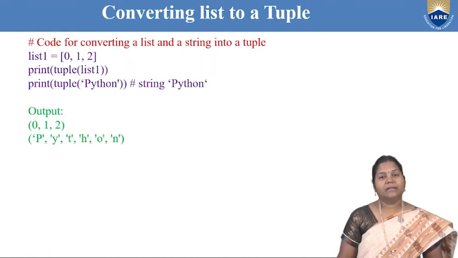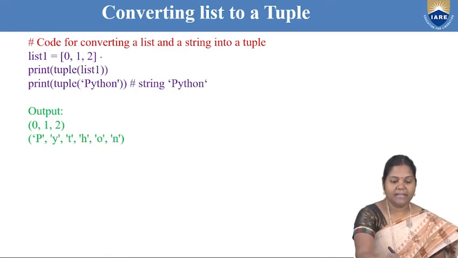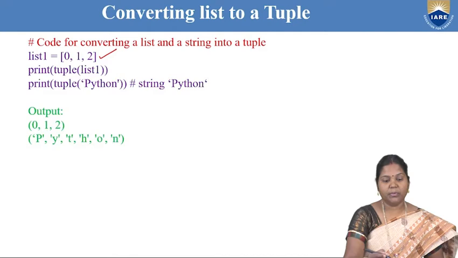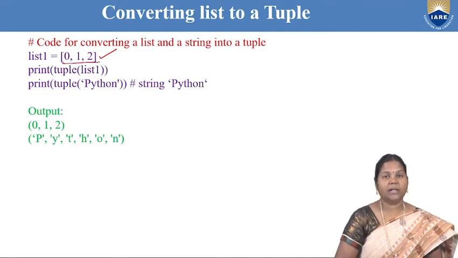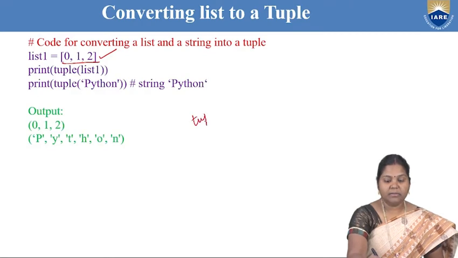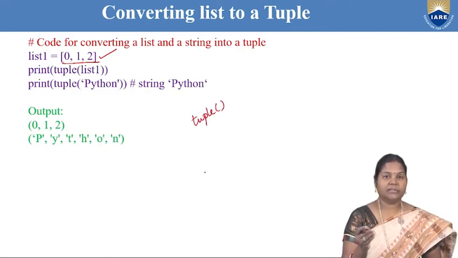Now next, how to convert a list into a tuple. For example, there is a list written in square brackets, containing the elements 0, 1 and 2. There is a method called tuple, which will convert a list into a tuple.